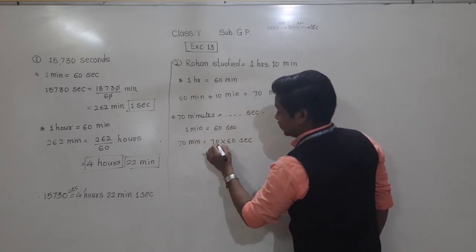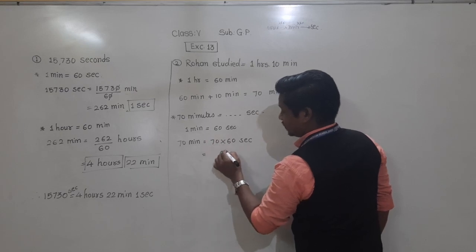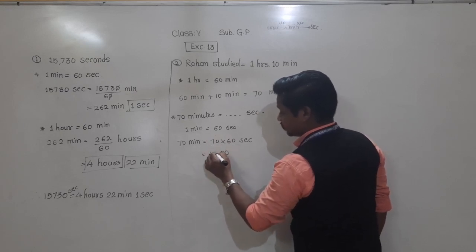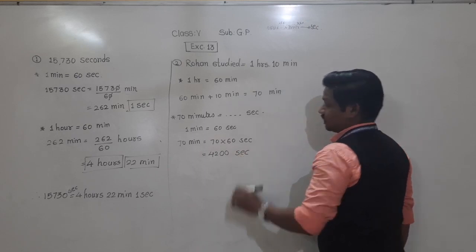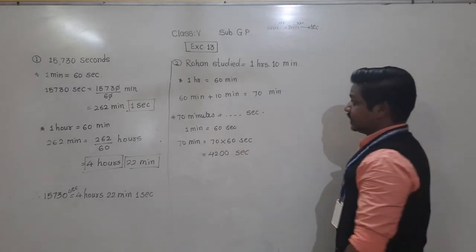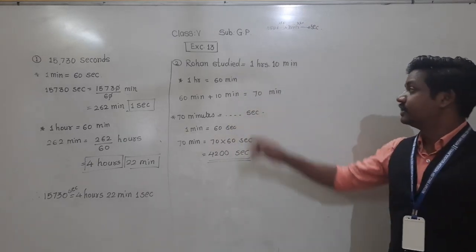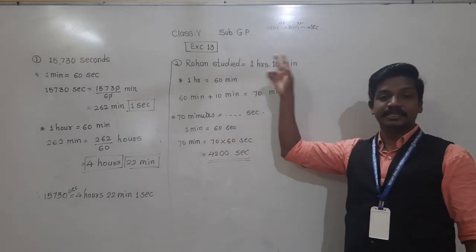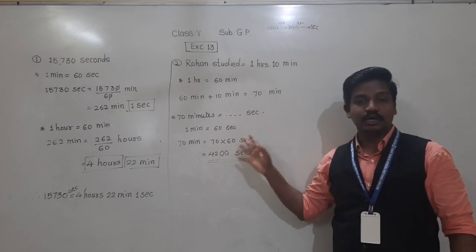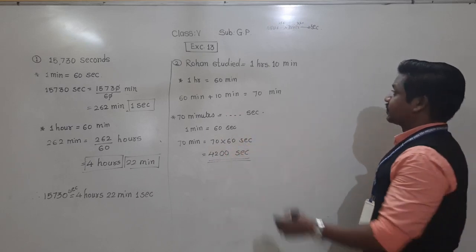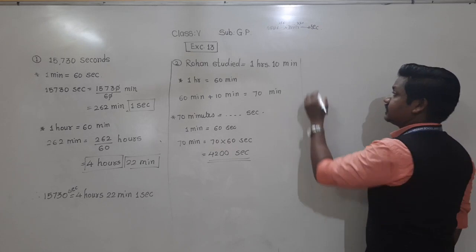That is, this 1 zero, this 1 zero, 2 zeros right here. 7 sixes are 42. 4,200 seconds. That means Rohan studied for 4,200 seconds. He studied for 1 hour 10 minutes, that means he studied for 4,200 seconds. Then see third one.